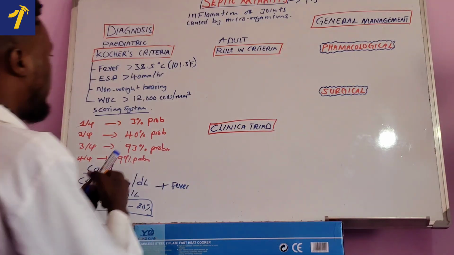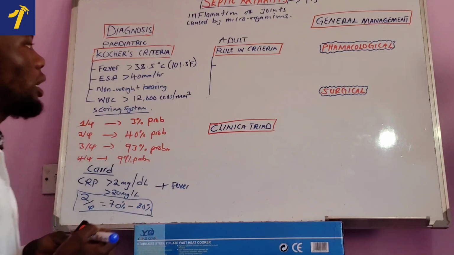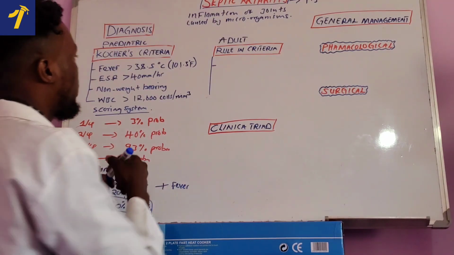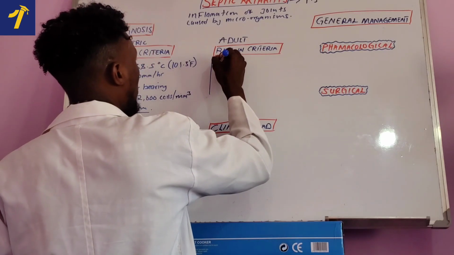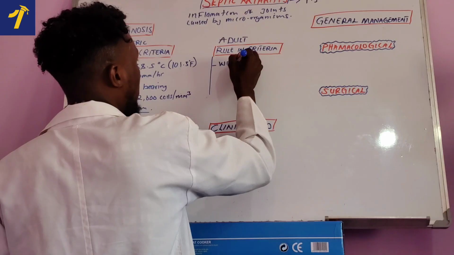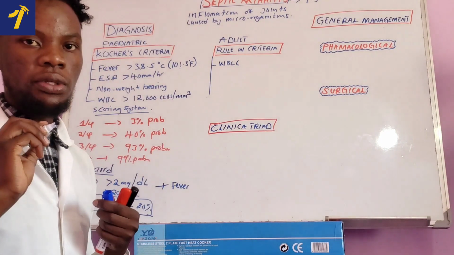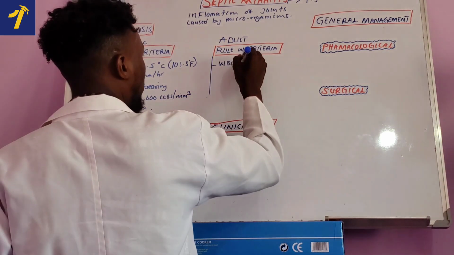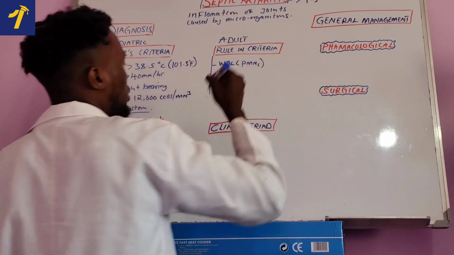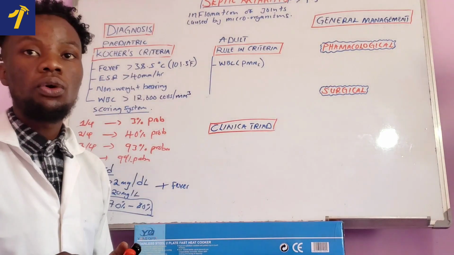Okay, so let's start with the first thing that we look at in the rule-in criteria. Look at the white blood cell count. Here we specify that it's a differential count that we consider. So we're going to look at the PMN, polymorphonuclear leukocytes, which we call neutrophils.